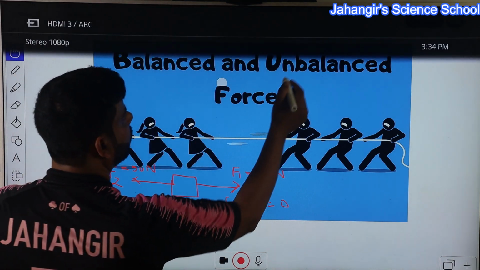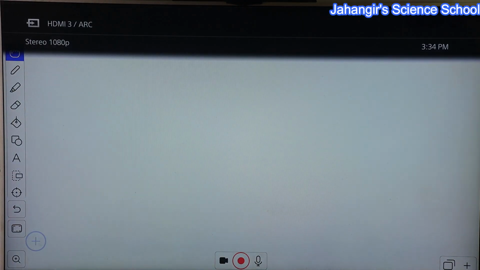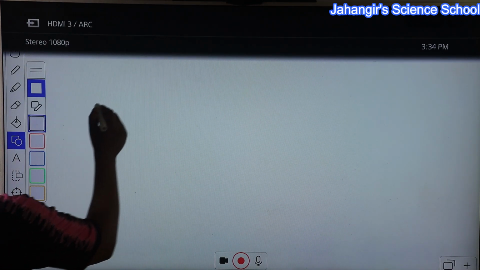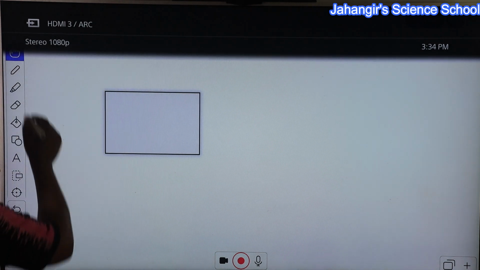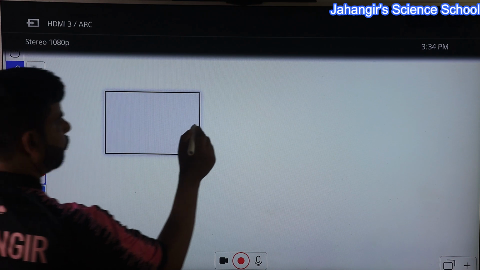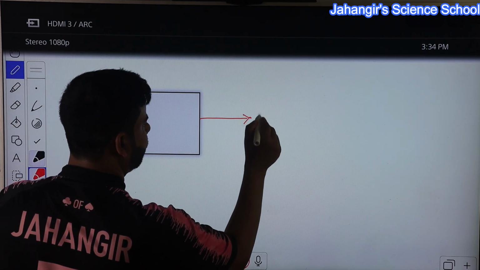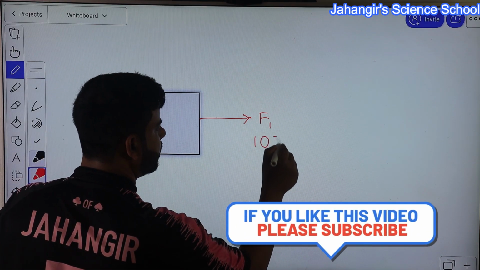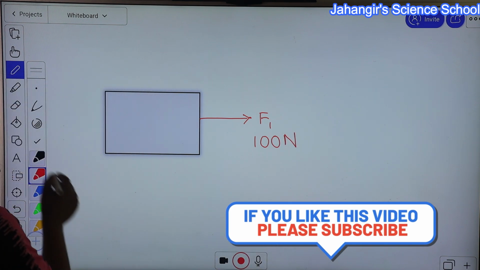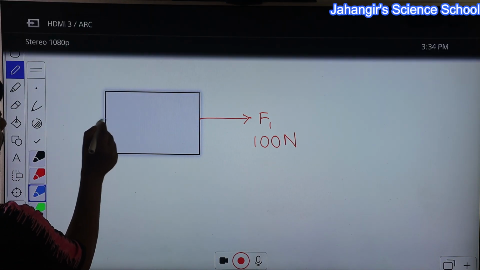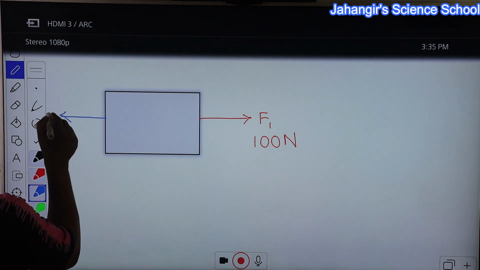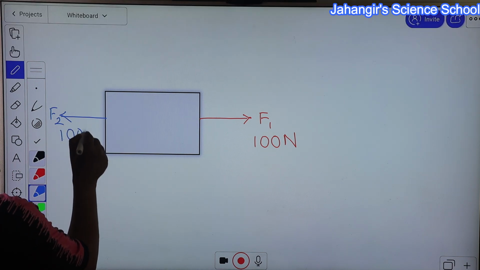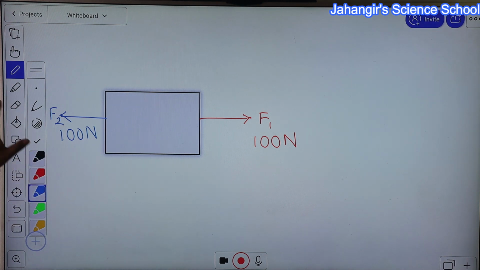So what is a balanced force? If two or more forces act on an object, say one force acting to the right, F1, is 100 Newton, and another force acting to the left, F2, also has a magnitude of 100 Newton, but the direction is left.